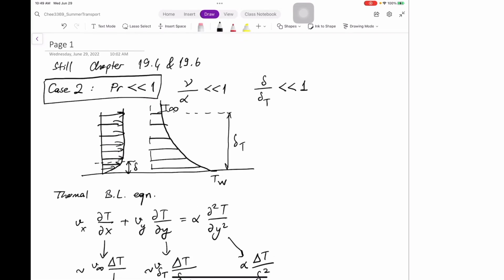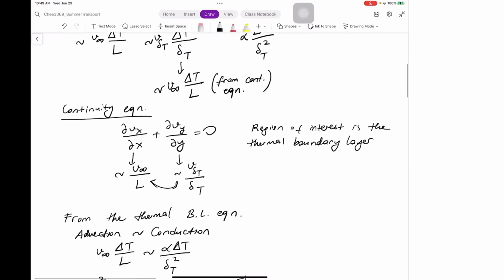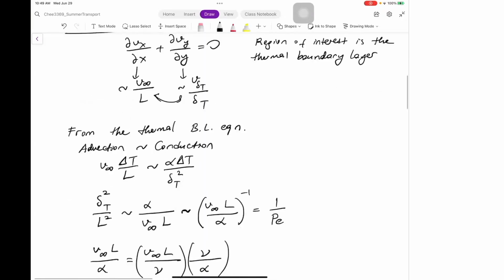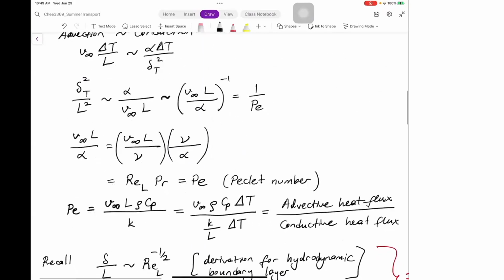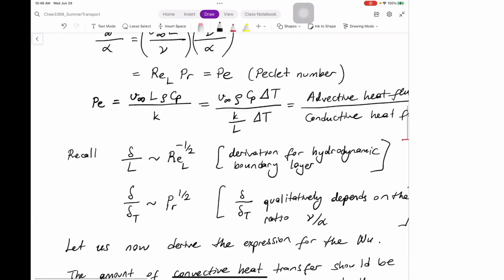So could this be valid for any case? What do you think? I think so, yeah. Yeah, this could be valid for any case, correct? Correct, yes.